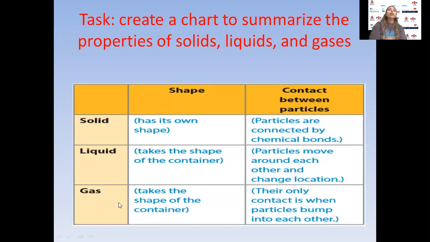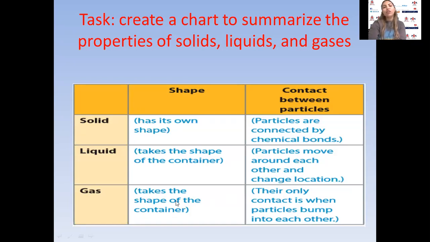So solid, it has its own shape. Contact between particles: particles are connected by chemical bonds. Liquid takes the shape of the container and particles move around each other and change location.